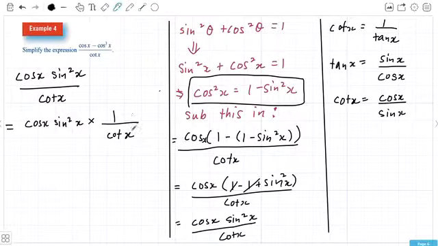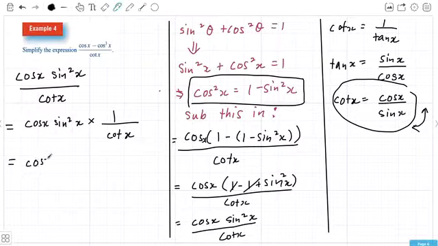It just helps me to see that I have 1 over cot x that I'm interested in. Now remember that cot x is cos x over sine x. If I have 1 over, it's going to flip this over. So 1 over cot x is actually going to be cot x flipped over, which means that it is in fact tan of x.